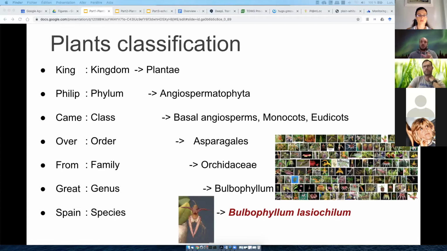In the past, we used to speak about monocotyledons and dicotyledons, but now phylogenetic analysis allows us to consider three different classes: basal angiosperms, monocots, and eudicots. Over is to define the order, in which we organize plant families according to recent plant phylogenetic analysis. From is used for family.